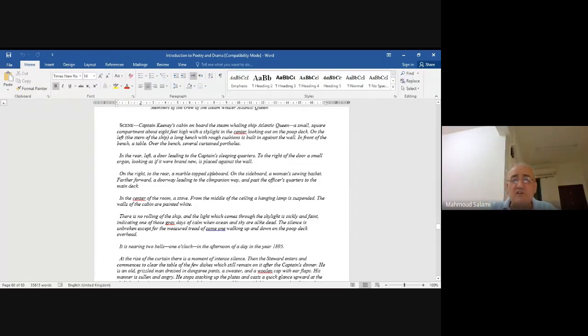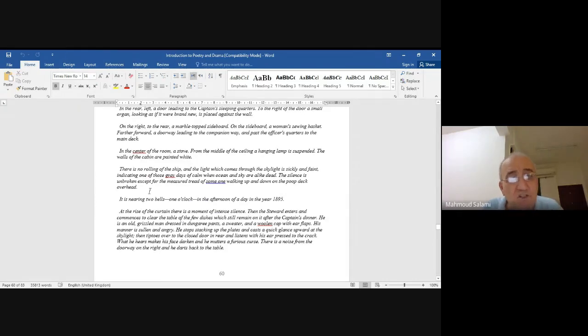From the middle of the ceiling a hanging lamp is suspended. The walls of the cabin are painted white. There's no rolling of the ship, and the light which comes through the skylight is sickly and faint, indicating one of those gray days of calm when ocean and sky are alike dead. The silence is unbroken except for the measured tread of someone walking up and down on the poop deck overhead.